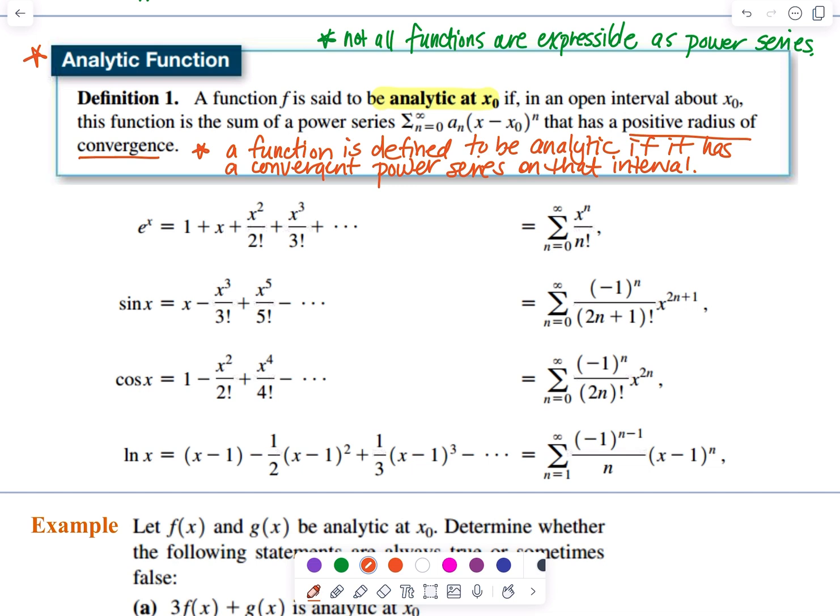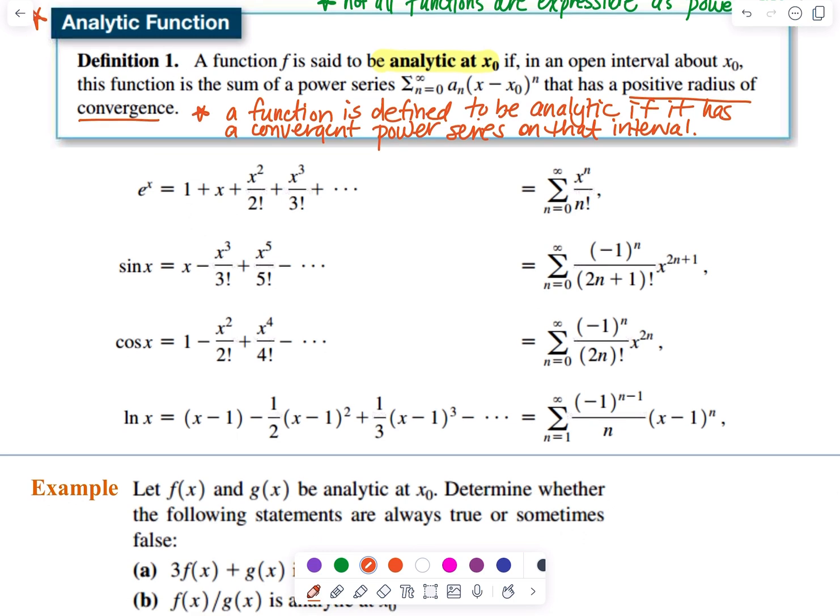So let's take a look at these functions here below expressed as power series. So, of course, we know that a polynomial is analytic at every x naught.